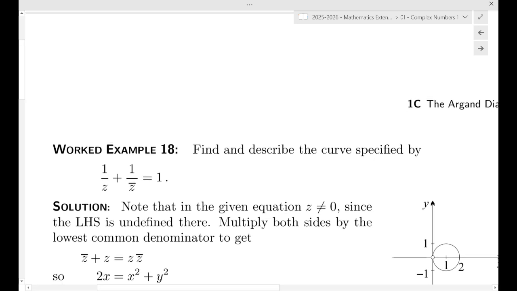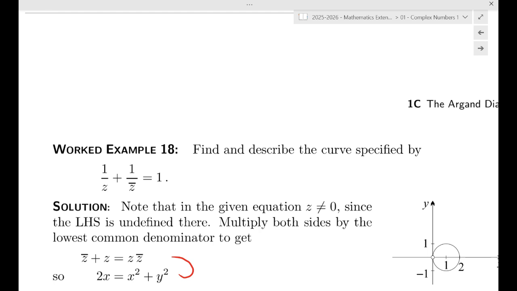Okay. So they have skipped, and this is where I was talking about how sometimes they will skip. I won't skip. So you're basically doing x plus iy times x minus iy, plus x plus iy, which obviously cancels out the iy terms, which leaves you with 2x.